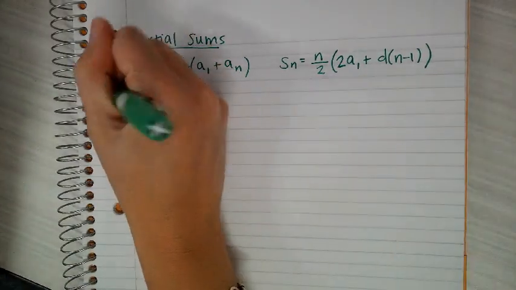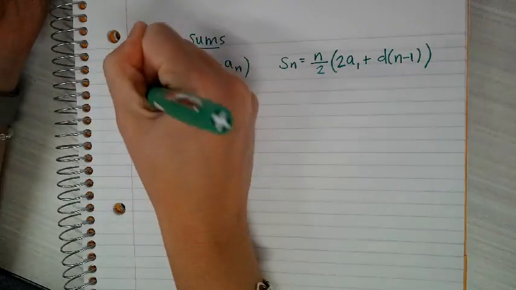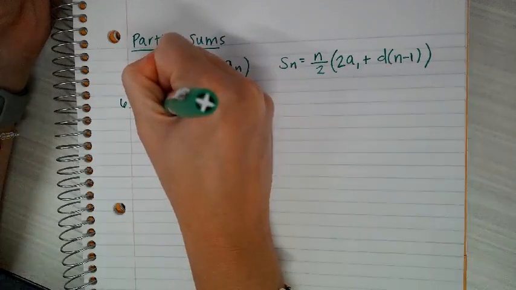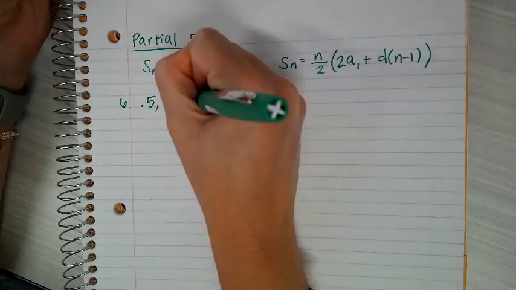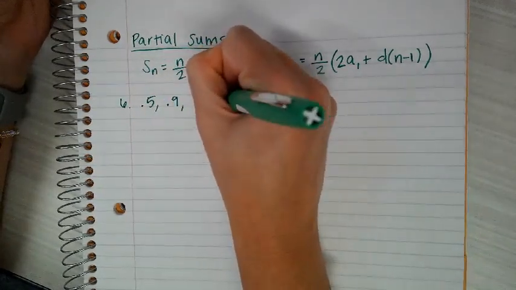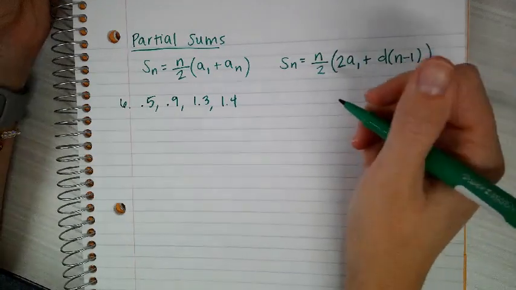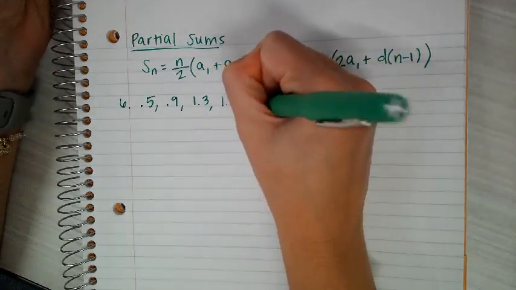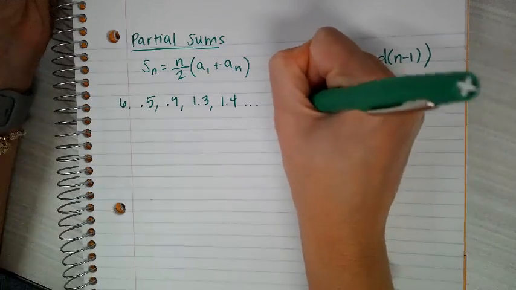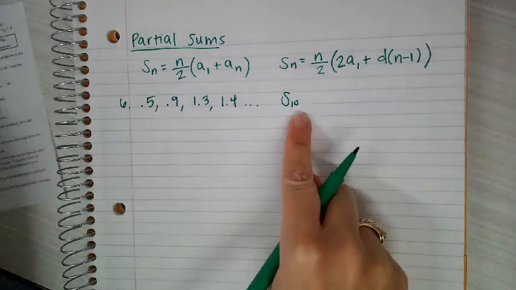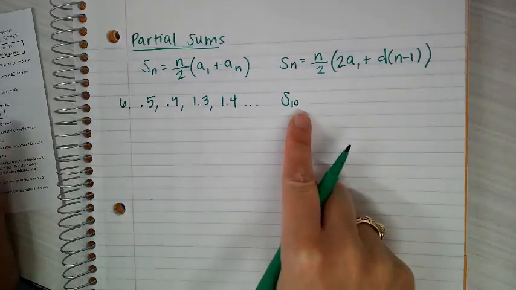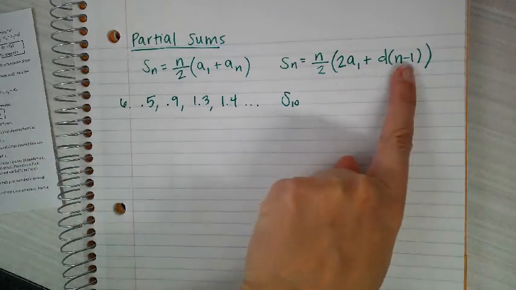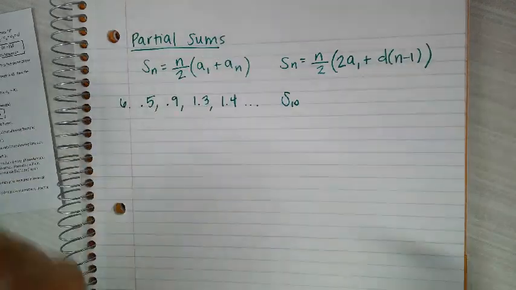This is number 6 on the tiny notes. It says if we are given the sequence 0.5, 0.9, 1.3, and 1.7, find the sum of the first 10 terms. So find S sub 10, the sum of the first 10. Let's go ahead and say I want to do the long version here.